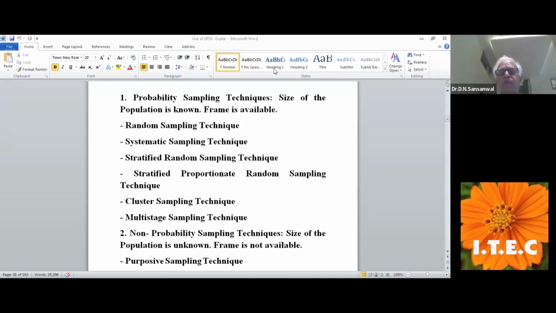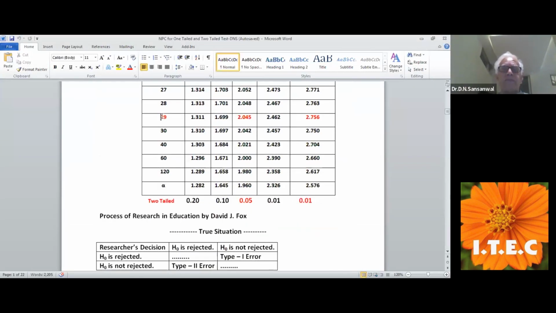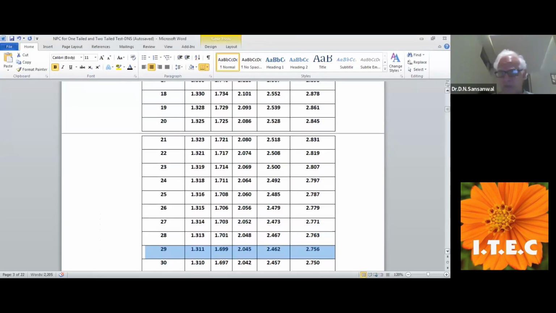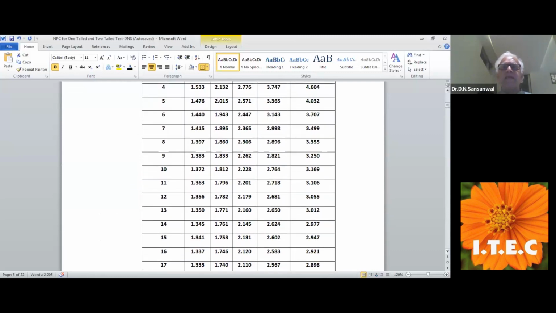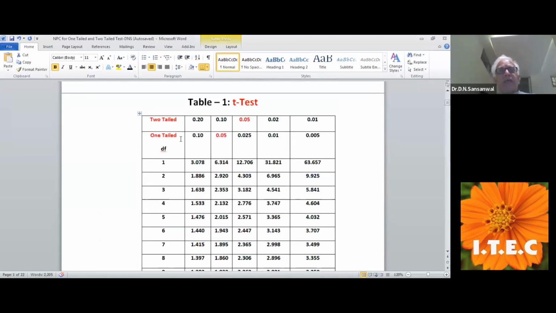So let me show you the T table. Jyoti, this is the T table. And in this T table, how exactly do we understand whether our calculated value is significant or not? Please understand, there is a two-tailed and a one-tailed test.